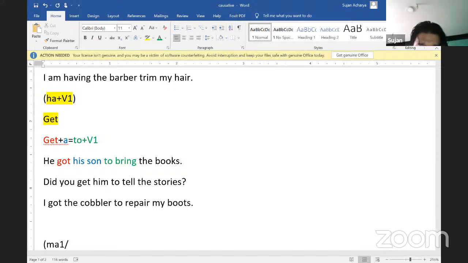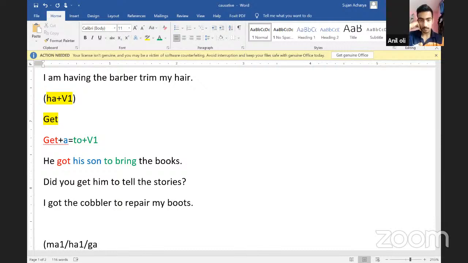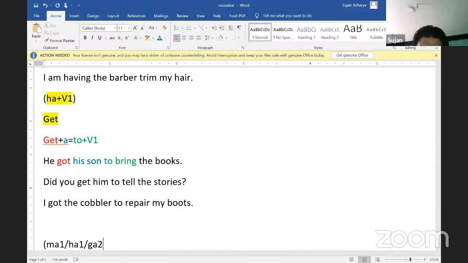Make plus agent takes V1, HA1, another formula. Have plus agent takes V1. Get plus agent takes 2 plus V1. Here the numerical 2 means TO2, and 1 means V1. Get plus agent takes 2 plus V1.